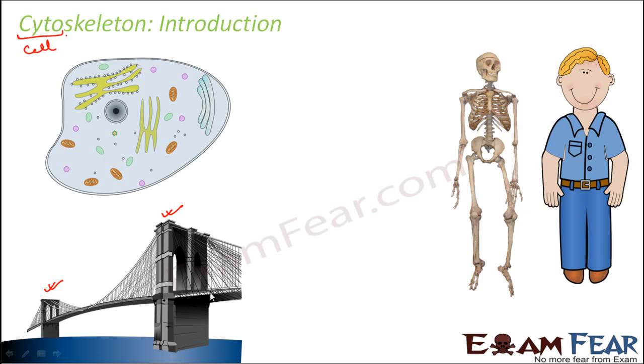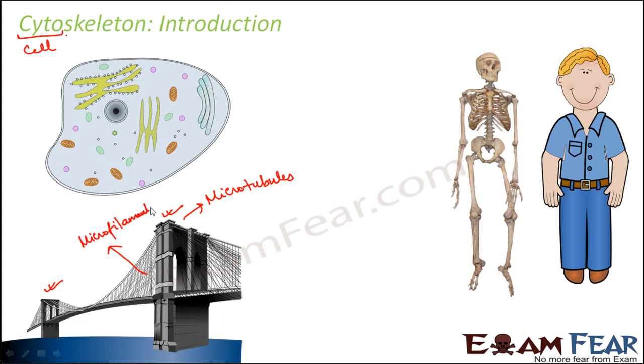Similarly, in the cytoskeleton, these pillars are like the microtubules. These pillars are nothing but microtubules which give the basic support. So they provide the compressional support, whereas the structures which give additional support, which provide the tensional support, are the microfilaments.